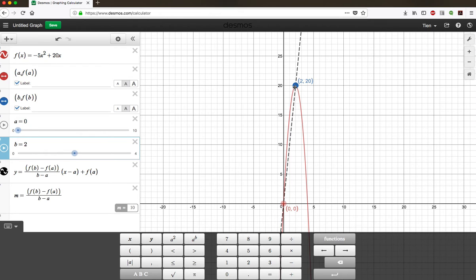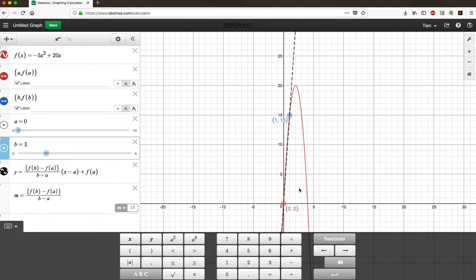We can't calculate a slope when B and A are the same as each other, but what I can do is keep moving B closer and closer to A. So I can ask, in 1 second, how fast did I travel?